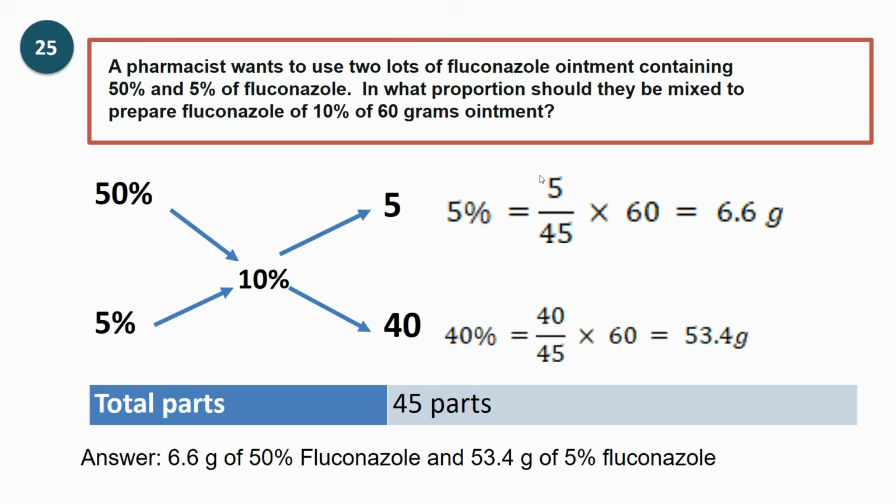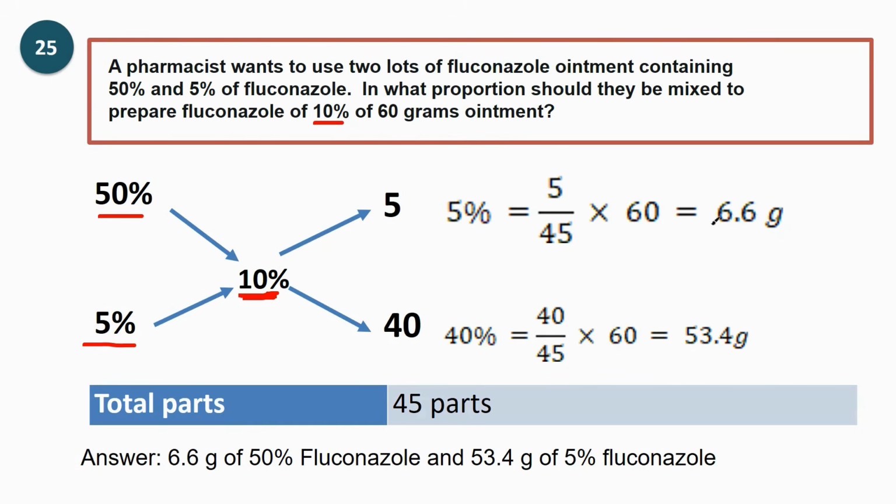Let's solve how we do that. This can be done by the alligation method. This is the aiming, the desired concentration. The desired concentration is 10%, and your pharmacy has 50% and 5%. Subtract diagonally: 50 minus 10 is 40, and 5 minus 10 is 5.